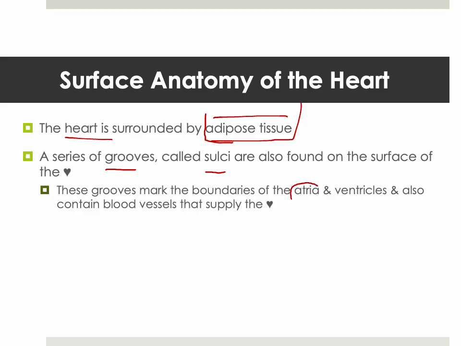What differentiates the atria from the ventricles, but also is where some vessels are going to be contained. Not only does the heart need to have blood that it pumps through, but it also needs blood to pump and work itself. As I said, the heart is greedy and it needs a lot of blood and oxygen.